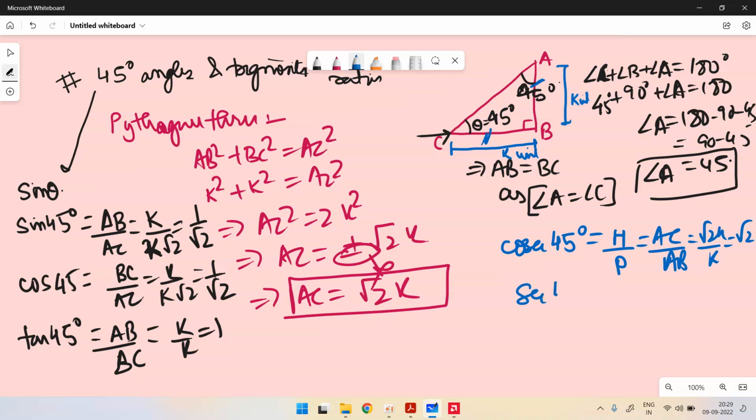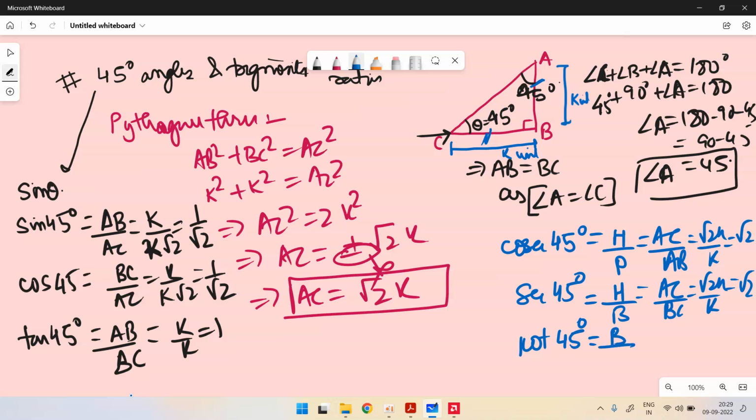And secant 45 degrees is hypotenuse by base, so AC by BC, root 2 K by K, which means root 2. And cot 45 degrees is base by perpendicular, that is BC by AB, and both values are K, so this comes to be 1.